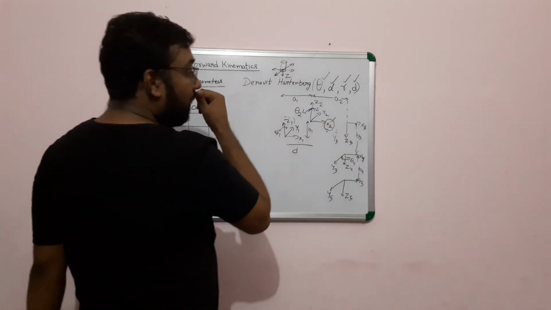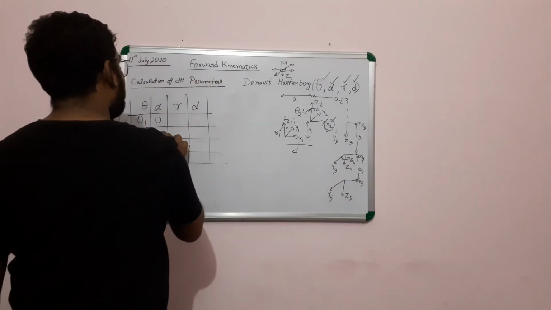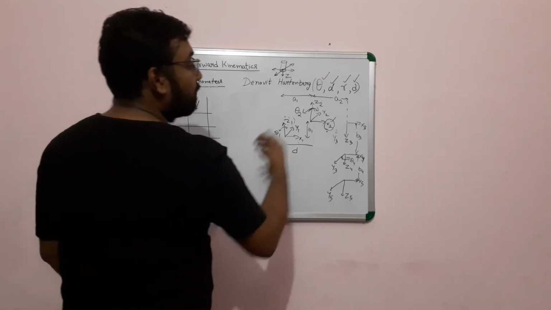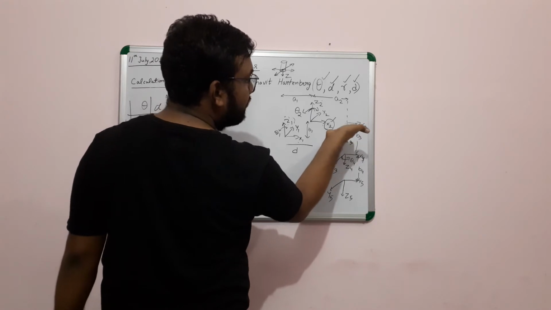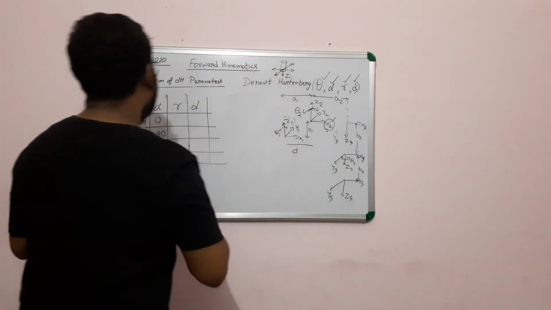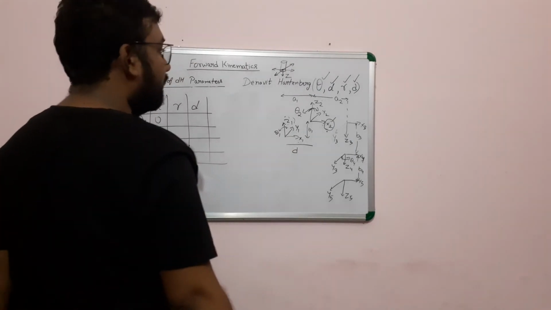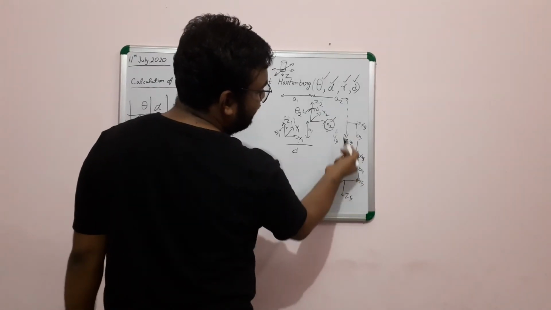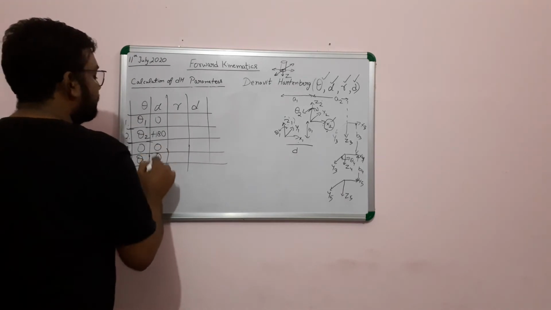Of course it is 180 degrees, but is it positive or negative? Keep your thumb in the direction of x3 and curl your fingers. It is anti-clockwise, and anti-clockwise is taken as positive. Similarly, here again it is 0, it will coincide, so we have it as 0.